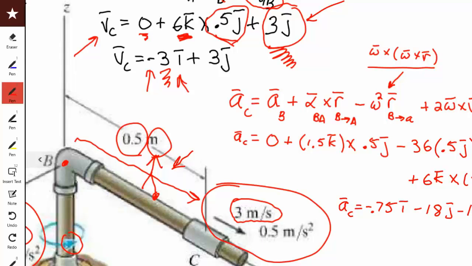And then I have the v rel term, which is plus 0.5 j. Adding them all up, acceleration of C equals, let's pull all the i's together. That looks like a negative 18.75 i. Let's pull all the j's together. It looks like it's about negative 17.5 j. So there's your acceleration.